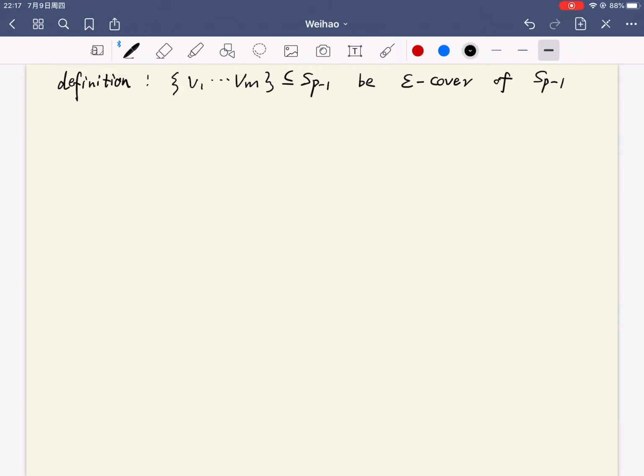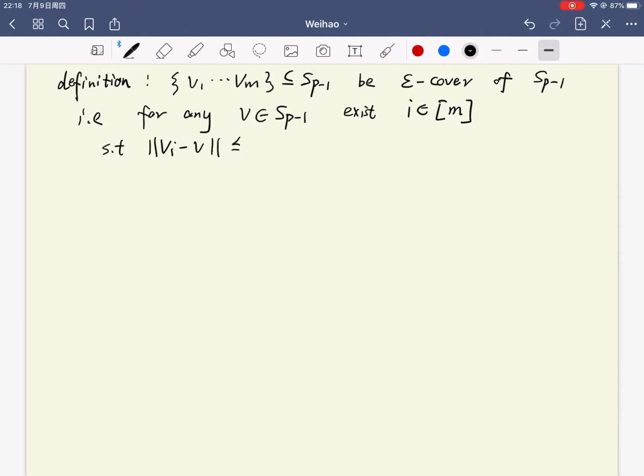That means for any point in this space, there exists an index j in 1 to n such that the distance between these two points is less than or equal to epsilon.